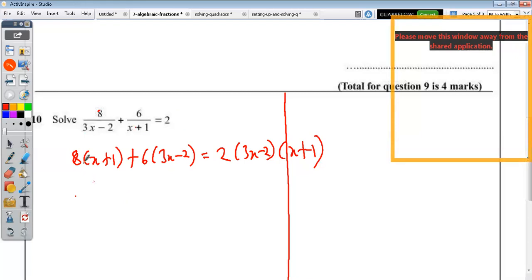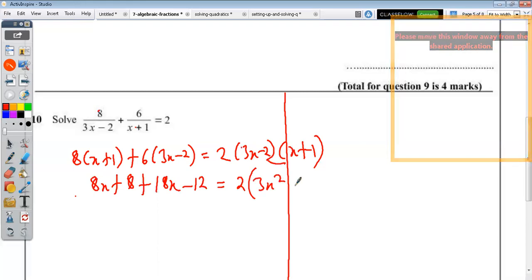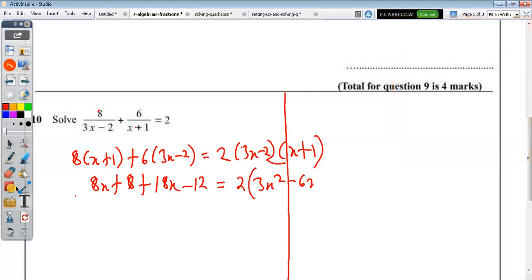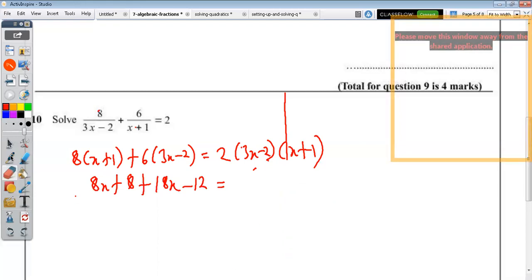Okay. If we remove the brackets, we get 8x plus 8. Remove the brackets, 18x minus 12 is equal to 2. Solve what's inside: 3x squared minus 2x. Let me remove the red pen here, it might distract you. So 2 brackets: 3x times x is 3x squared.